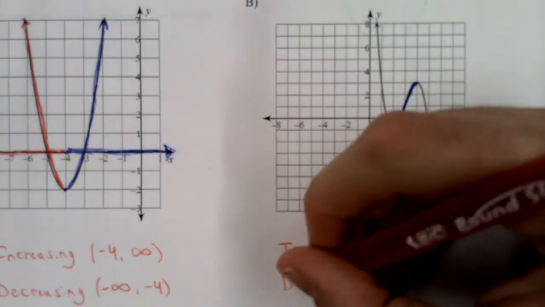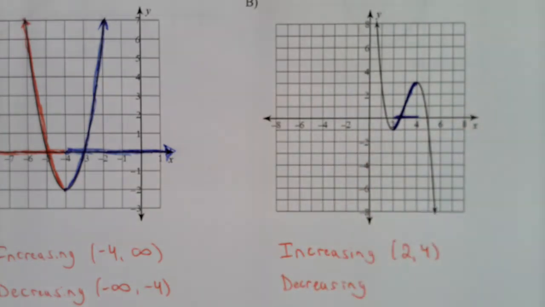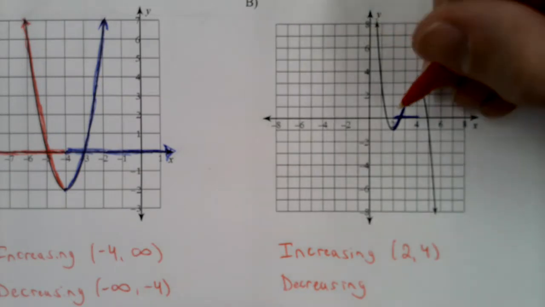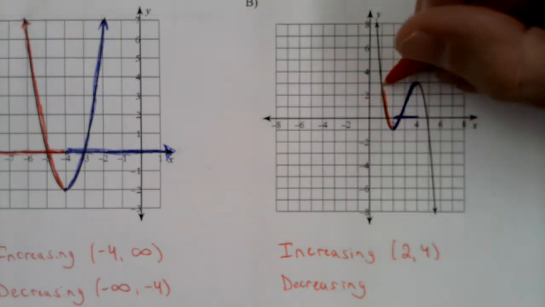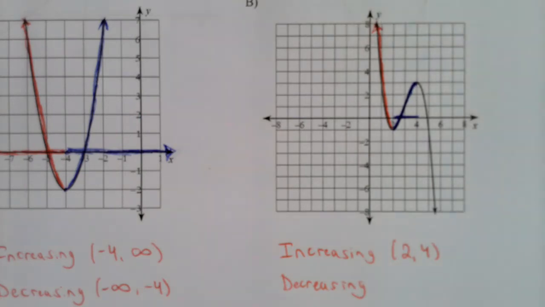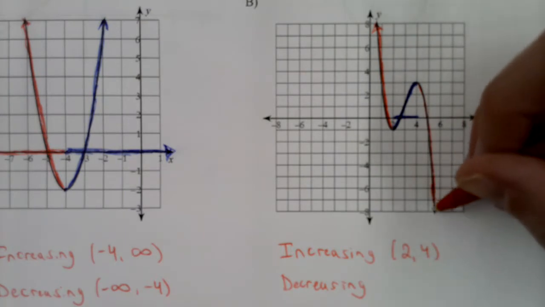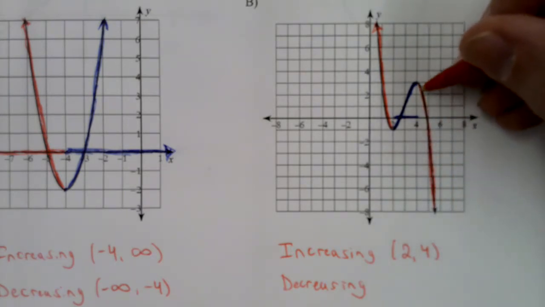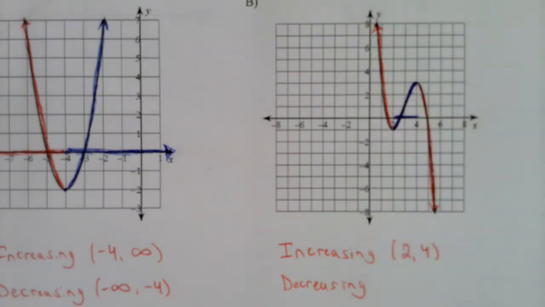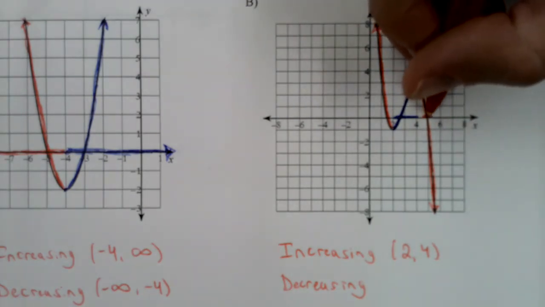And now let's do the decreasing intervals. So it's decreasing over here in red. See how it's going downhill? The slope is negative. That means it's decreasing over there. And it's also decreasing over here. So it's two intervals where it's decreasing. Let me color in the x-axis to show you in red.